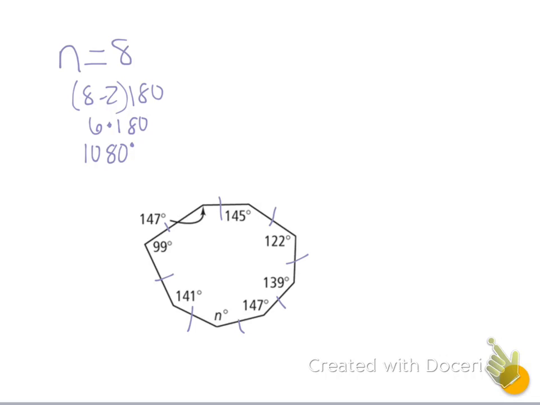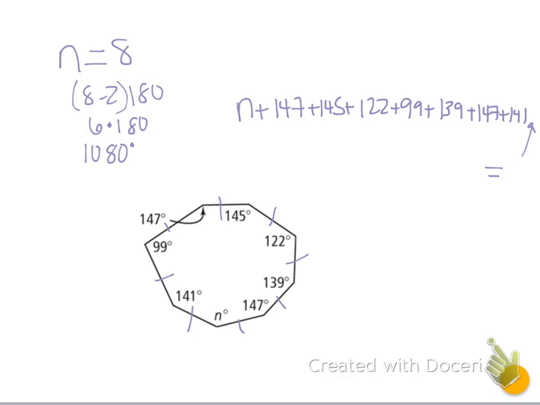Okay, so I'm going to write it all out on the right side. So I have n plus 147. The key is not to forget 1, 122 plus 99 plus 139 plus 147 plus 141, and it's going to equal my total, 1080.